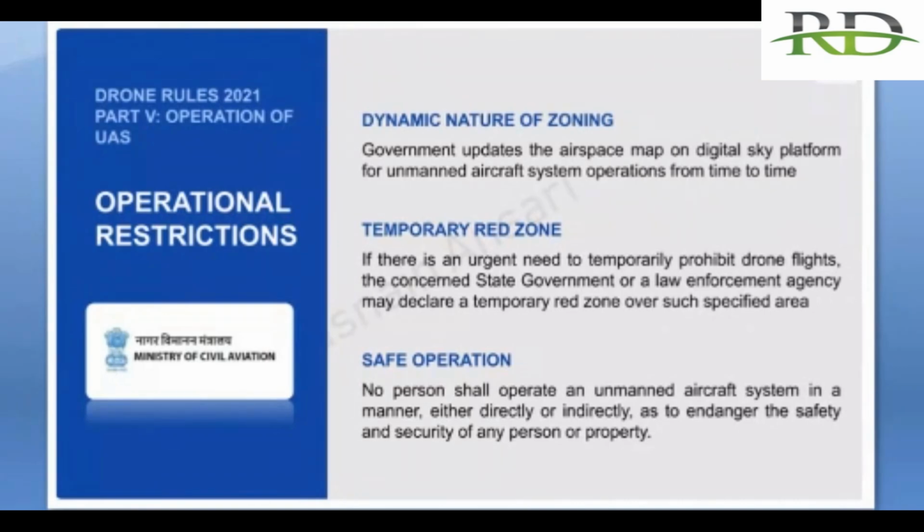If a politician or any important person is staying in a guest house, the authority has the right to declare a temporary red zone for 48 hours, and also has the power to extend the temporary red zone. That is the most important.